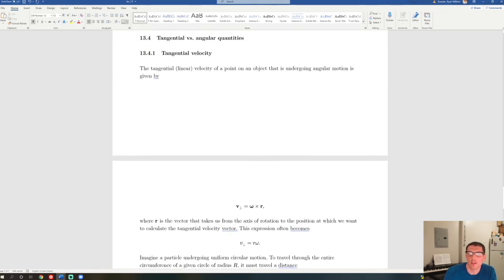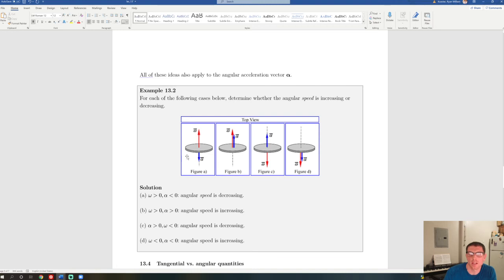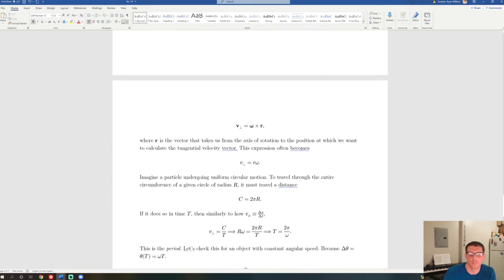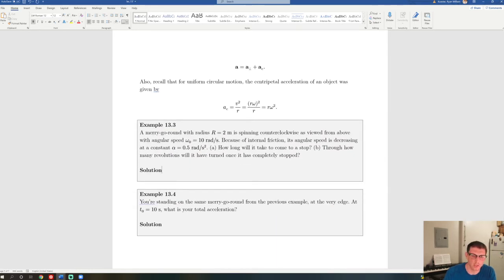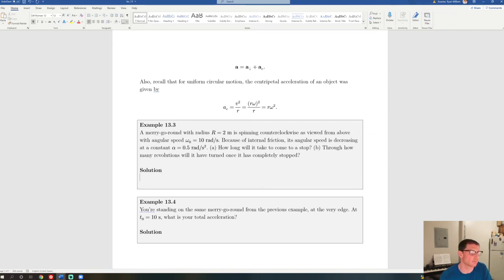What this would look like if we wanted to draw them in is perhaps like this. This first part here, figure A as it's called, where they point in opposite directions. So we see that the angular speed in this example that we're about to do is decreasing. And I'll show you what that looks like as far as doing the algebra goes, but it's exactly the same thing that we would do for one-dimensional linear kinematics.